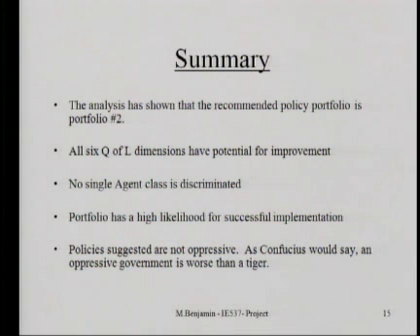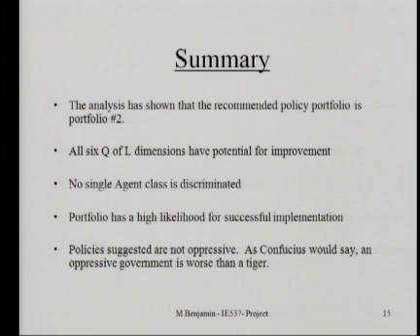Okay, so in summary, the analysis has shown that the recommended policy portfolio is portfolio 2. All 6 of the quality of life dimensions have the potential for improvement. No single agent class is discriminated. The portfolio has a high likelihood for successful implementation, and the policies suggested are not oppressive. Again, as Dr. Engi had said, Confucius' parable is that nothing is worse than oppressive government.